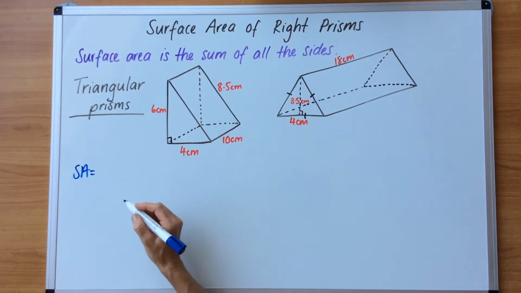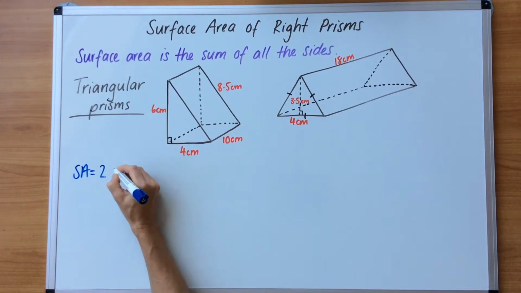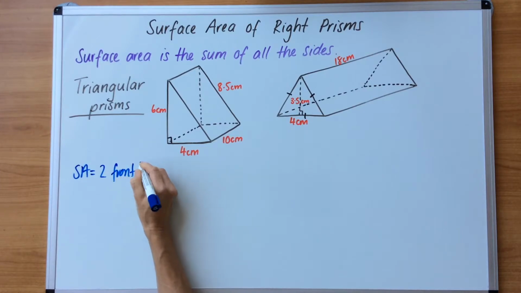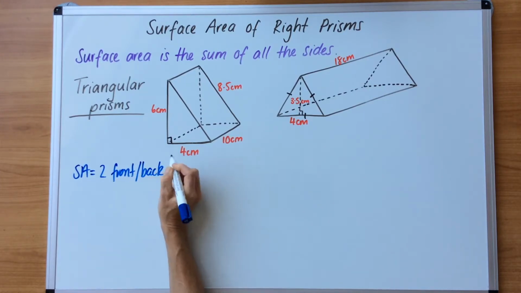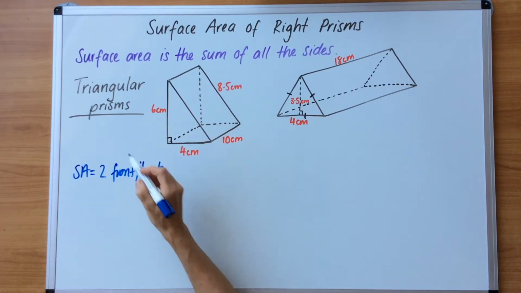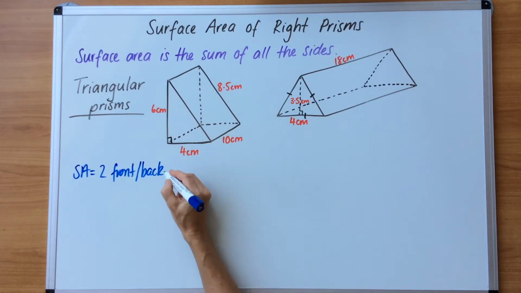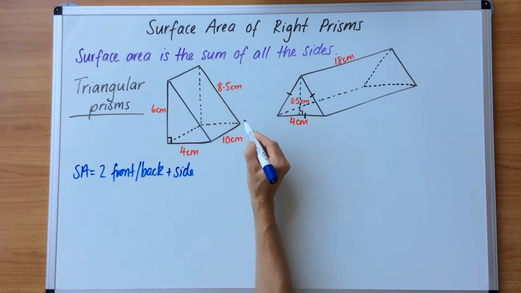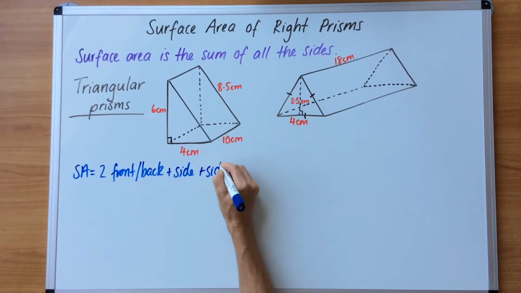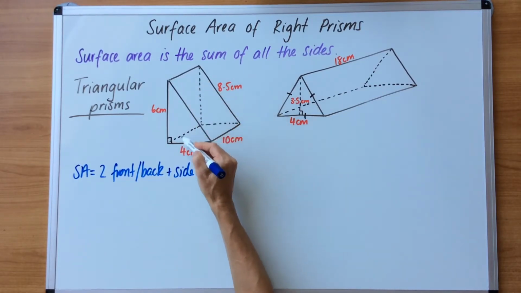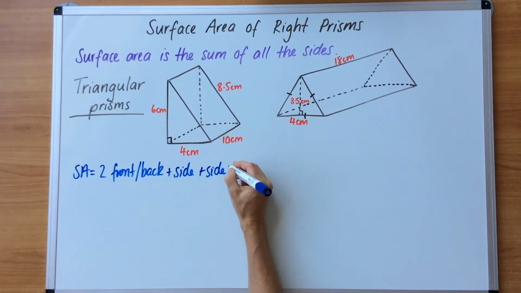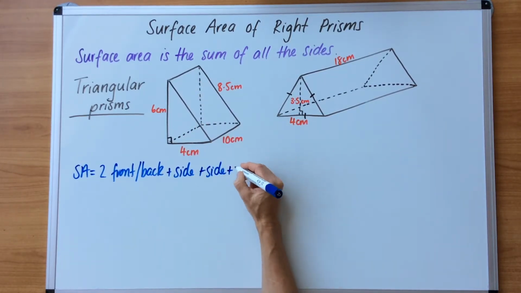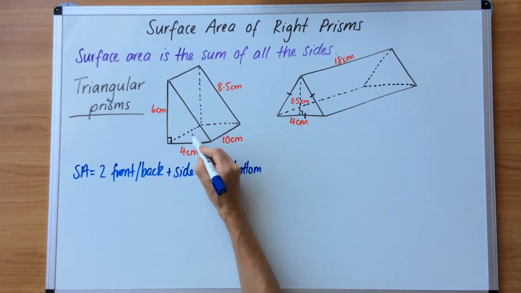So surface area equals the 2 front and back, and they are the triangles themselves, which give them the name of triangular prisms. And then I'm going to add on a side, which can be this one here. Add on another side, which is going to be this one here. And we're going to have a bottom. And that's this base bottom here.